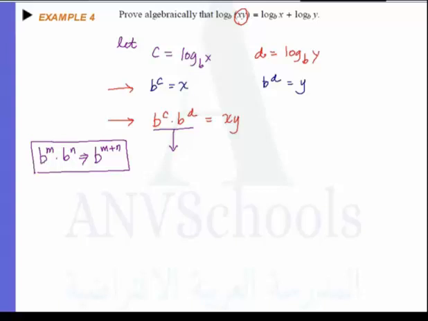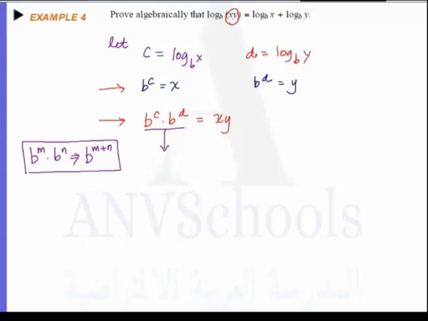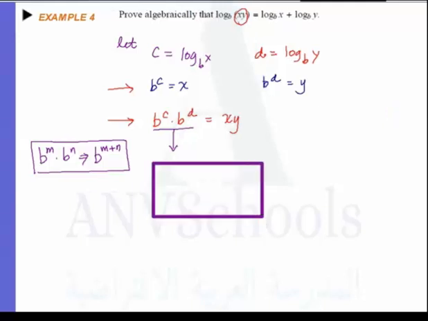Now in our example, we have b raised to c times b raised to d, giving us b raised to c plus d, right? And that's equal to xy. Now taking the logarithmic form of this expression, the equation of which is now exponential in nature, what do we have here?